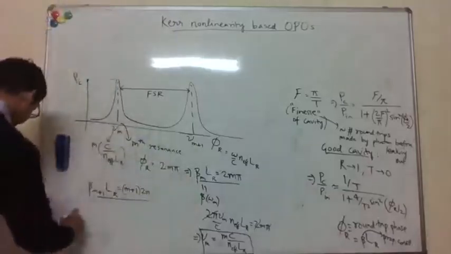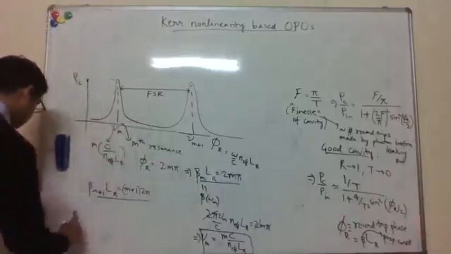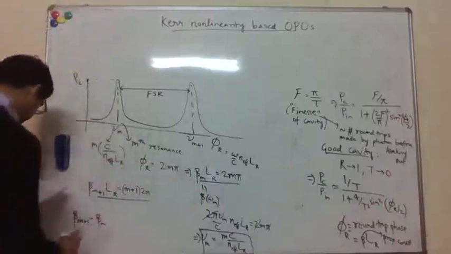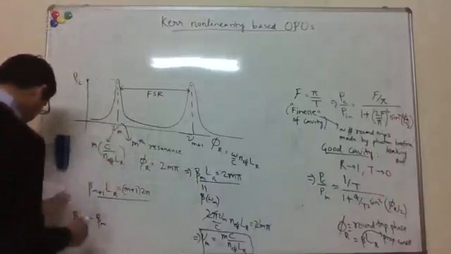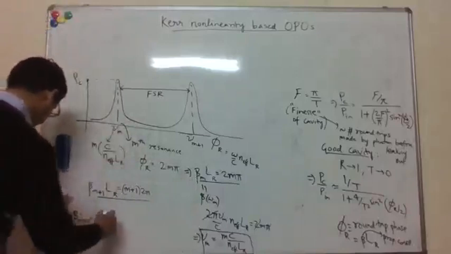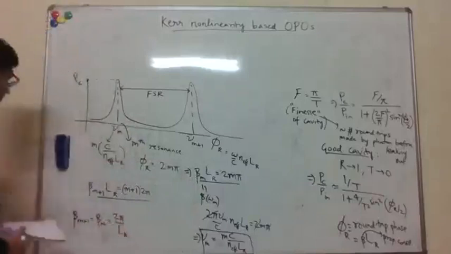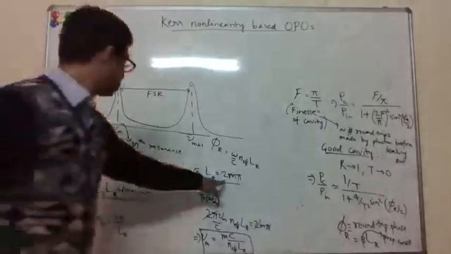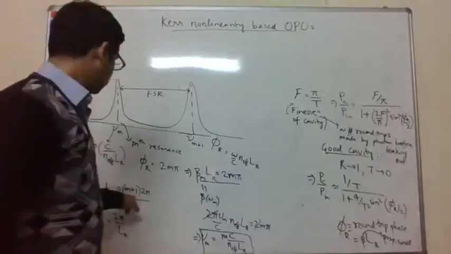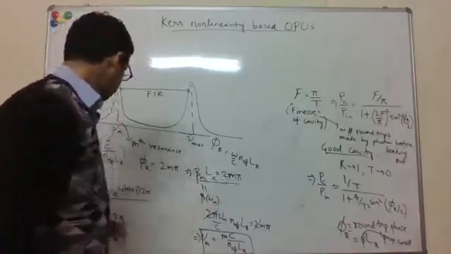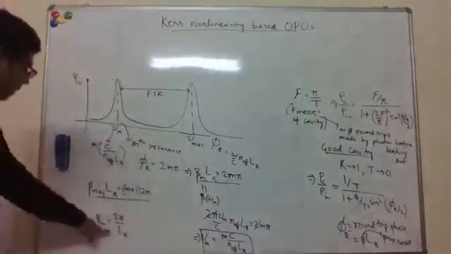So we get that beta m plus 1 minus beta m is 2 pi over LR. When I subtract m plus 1 times 2 pi and m times 2 pi, I remain with 2 pi.